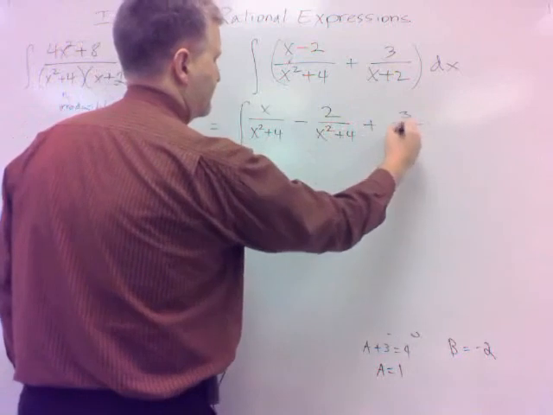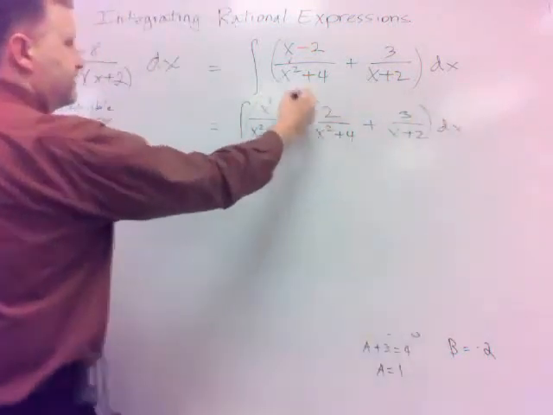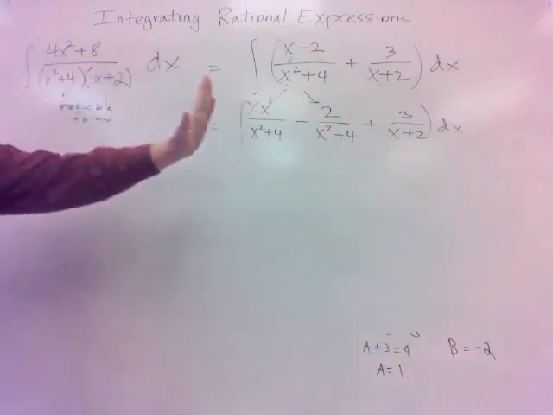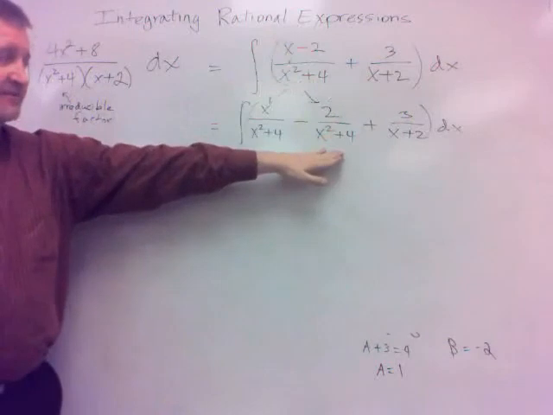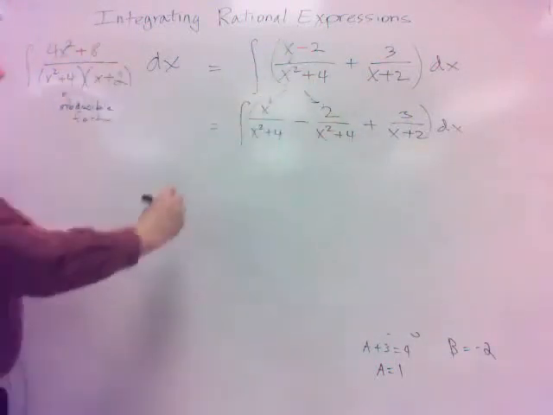I haven't done that one yet. So make this one into 2. Sometimes that might work. Sometimes there are other little tricks. But now, which one of those is the inverse tangent? The middle one. The middle one's going to be just the inverse tangent. What do we do about the first one? Well, let's just rewrite it separately.